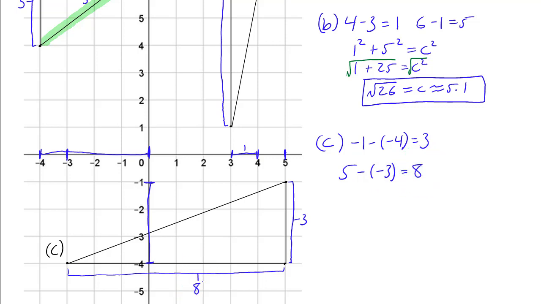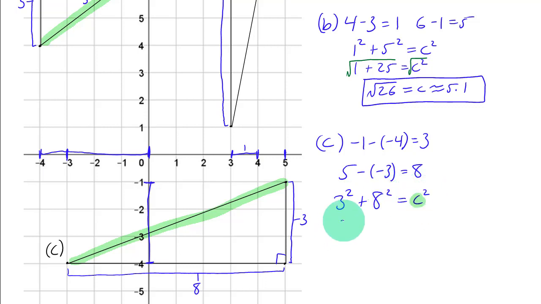So in this case, those are the two legs that have a right angle here. The hypotenuse over here, the c, we can get by saying that 3 squared plus 8 squared is c squared.